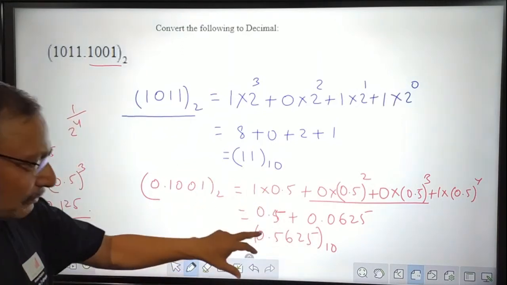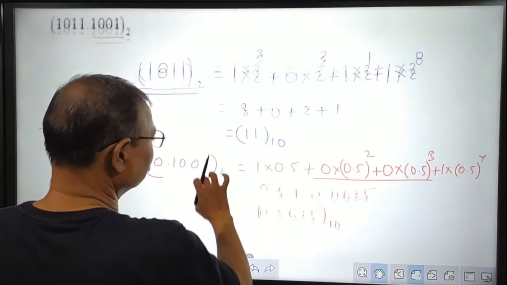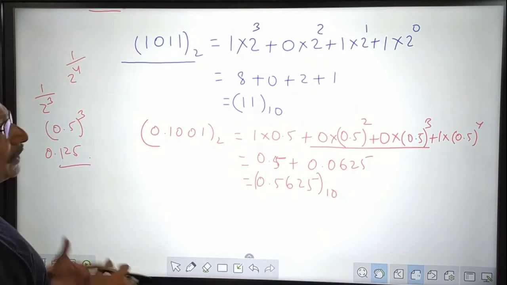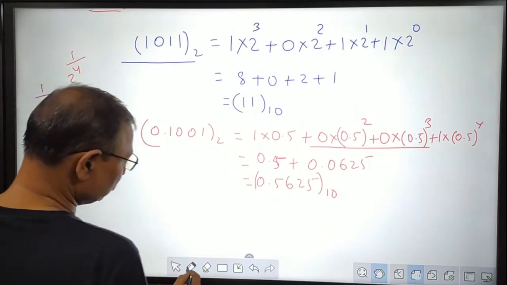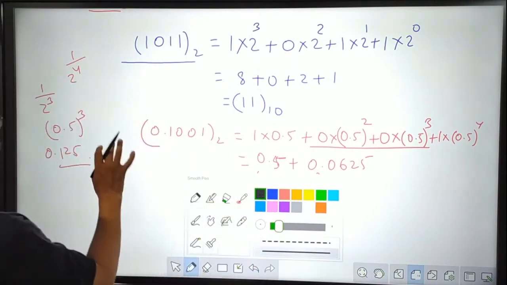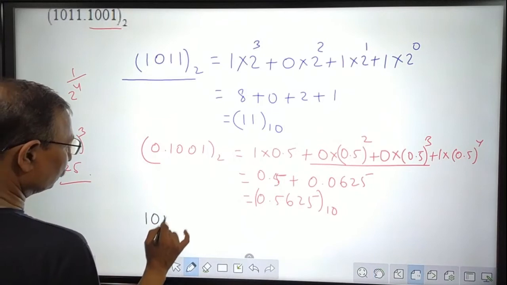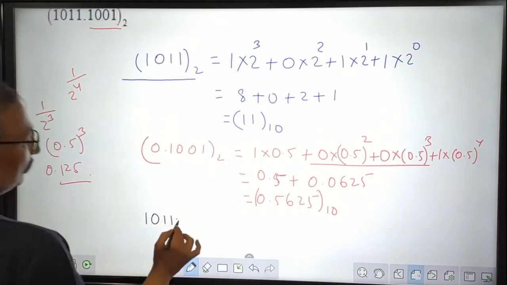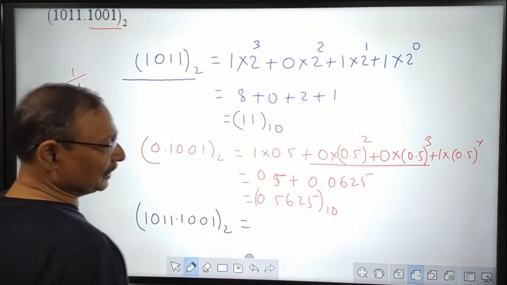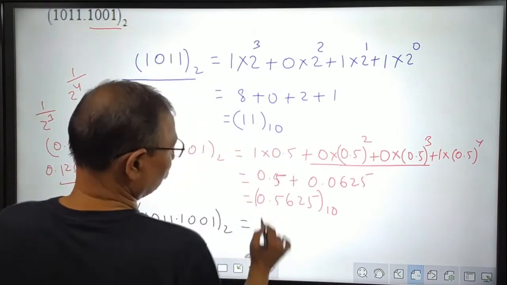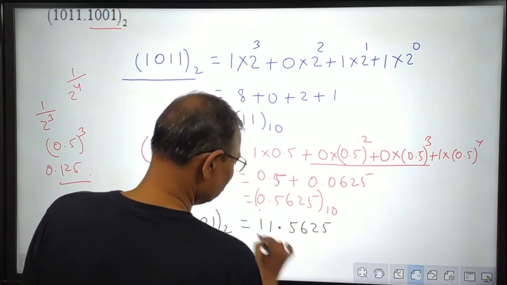So this is the converted part of this one, and now we want to collect them together to make a mixed decimal number. The number was primarily 1011.1001 in binary, and it can now be written as 11.5625 in decimal.